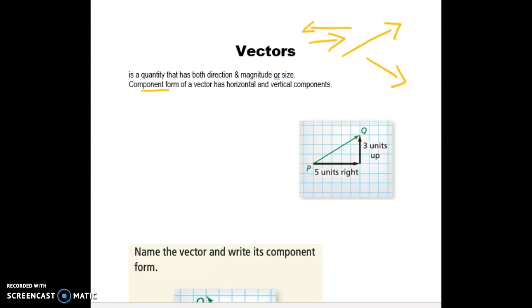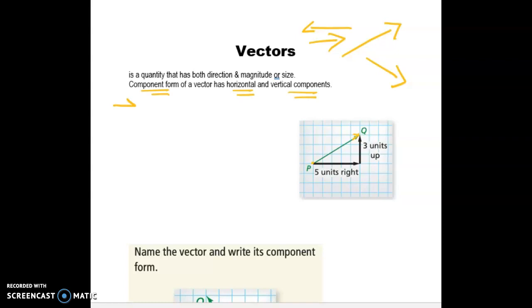A vector has two components, horizontal and vertical. Horizontal on the coordinate plane is the x-axis, and vertical means the y-axis. To write the vector, we use this symbol. In this example, the direction from P is going up.